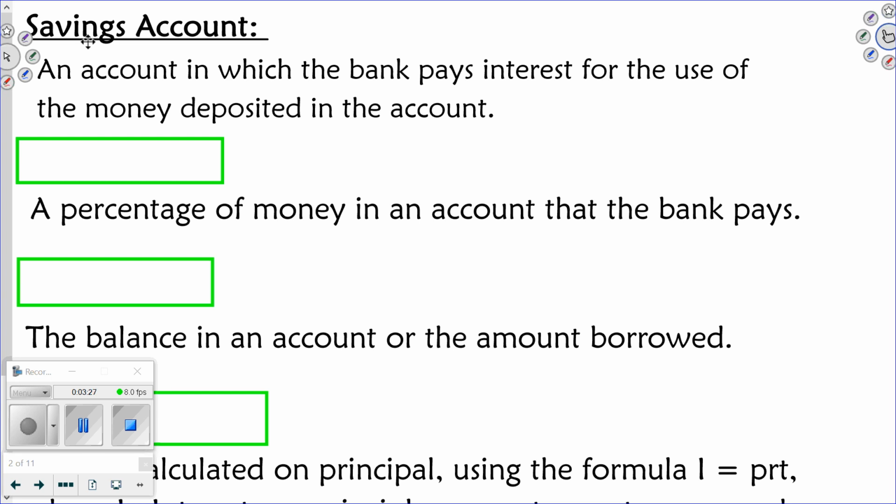It depends on what kind it is when you set it up. Oh, it's probably not a regular savings account then. Could be interest.